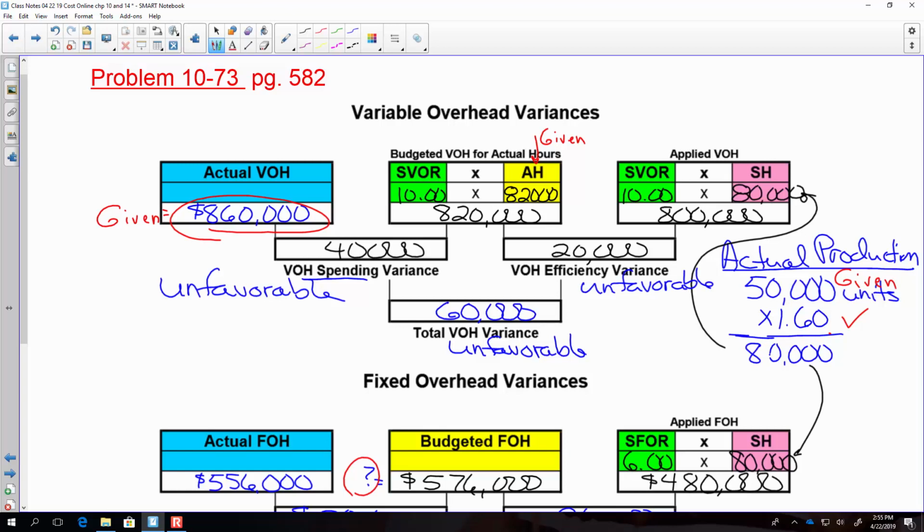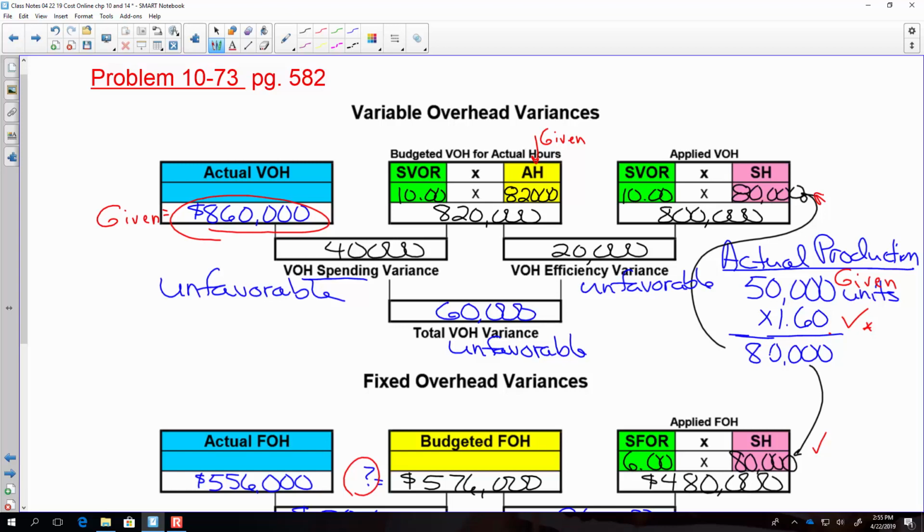In our standard cost card, it says here that we can make, or should be able to make, 1 unit in 1.6 hours. That gives us then the standard hours allowed, both variable and fixed. They're both the same number. So the only thing I don't have to solve this problem is the green boxes, which is the overhead rates, the 10 and the 6.